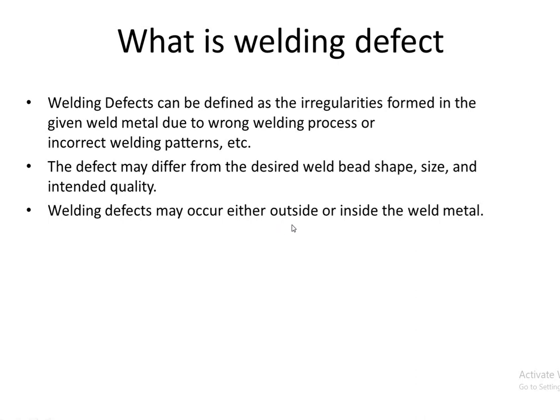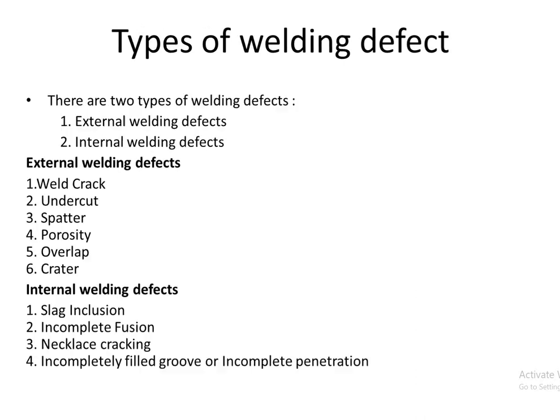Those occurring outside are called external weld defects, and those occurring inside are called internal weld defects. So there are two types: external and internal.